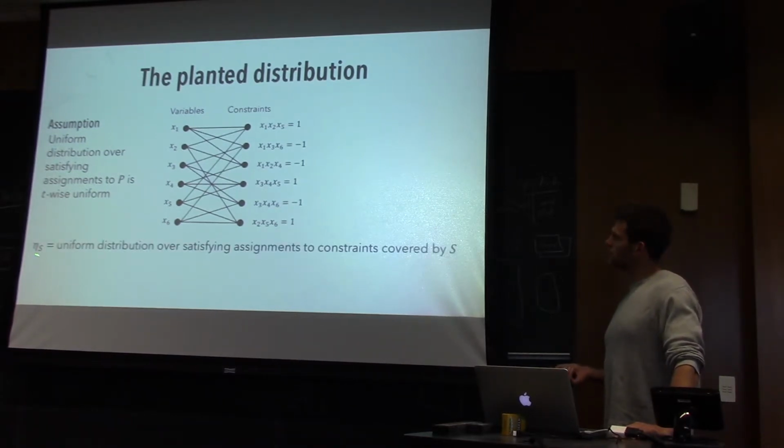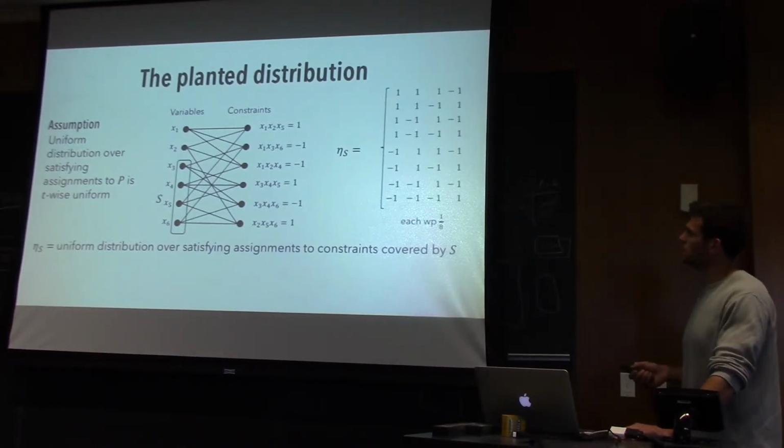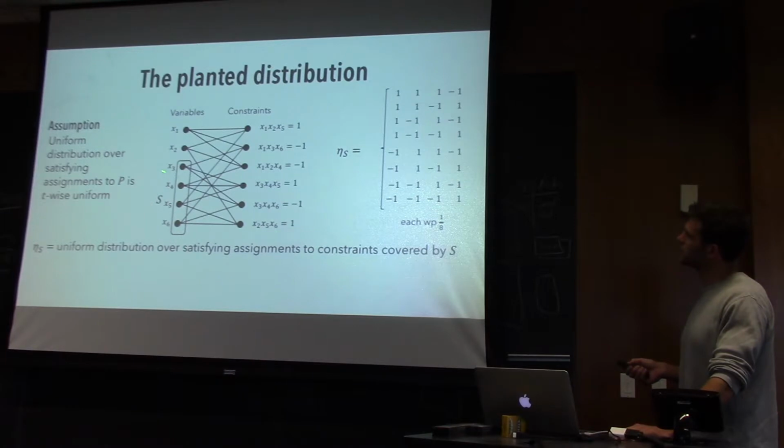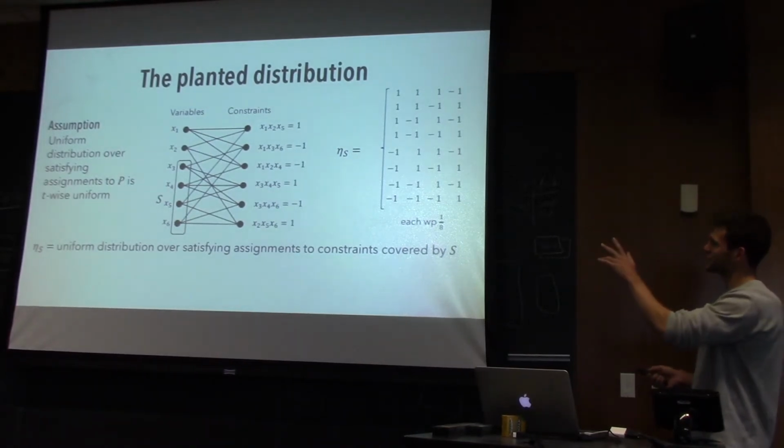So let's define A_S to be the uniform distribution over satisfying assignments to constraints covered by S. S is some set of variables. Here's an S, and what constraints does S cover? S covers this constraint here, and this constraint here. Oh, sorry, I switched to plus. This is XOR, plus or minus 1. I did that accidentally. Sorry about that.